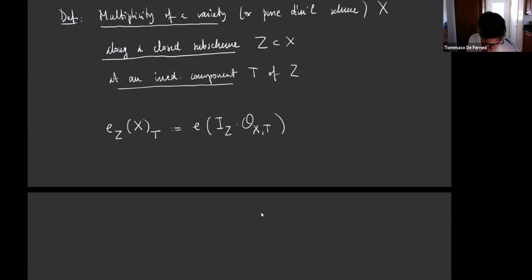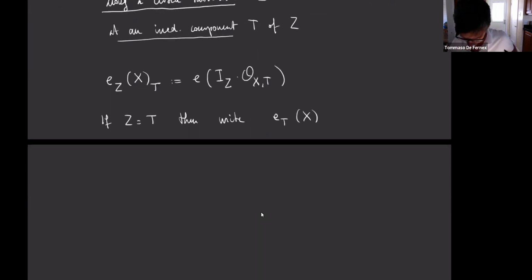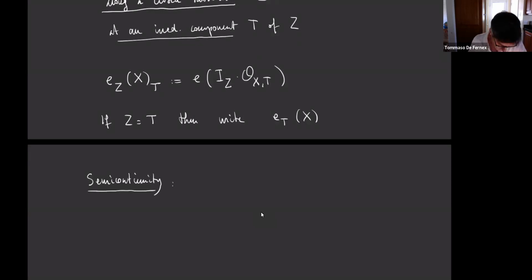Notice that if Z is already irreducible and reduced, so Z is equal to T, then we write simply e_T(X). So the previous definition of the multiplicity at a point is just a special case of this. We use the following property, semi-continuity.